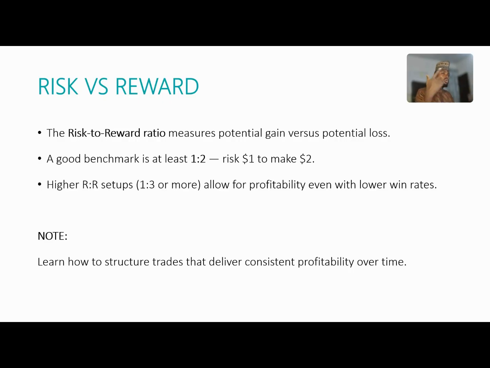Because if you lose 5 times, risking $1, you are going to lose $5. But if you win 5 times, targeting 1 to 3, that means $15. From $15 you minus $5, that means you still have $10. You are still a profitable trader.